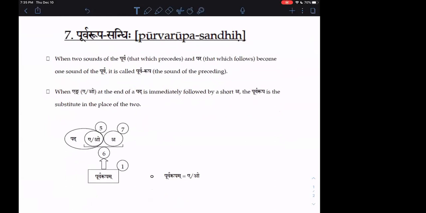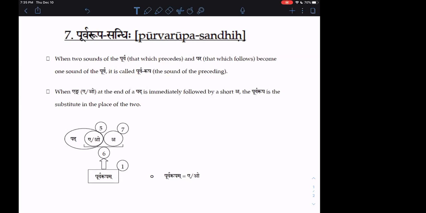So we know the word purva and we know the word para. We've seen these words before, right? Purva means that which is preceding, that which precedes, that which is previous. And para is that which follows. Now, when we are looking at purvarupa-sandhiḥ, rupa means form and purva means the previous form.